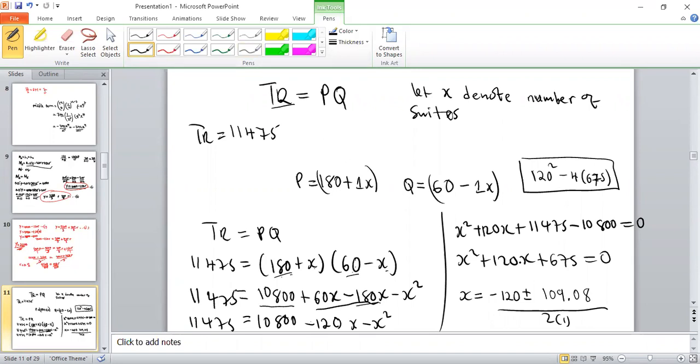108.1665383. 108 point 16 65383. Now it's coming out as negative.